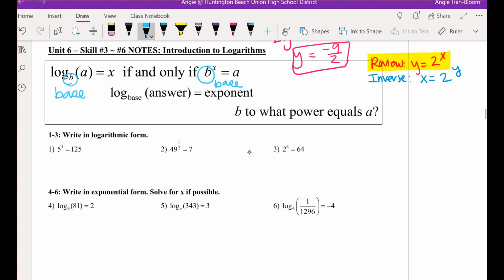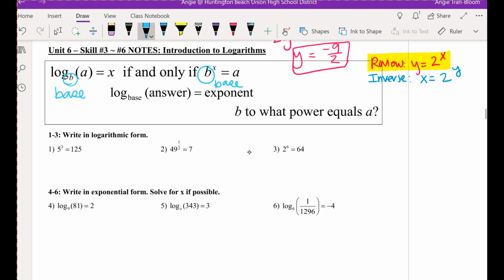Okay. Now let's look at the exponential form. If your exponent is an x, where does that go in the log form? In the log form, where does the exponent go? After, right? As an output. Would you agree? Yes or no?